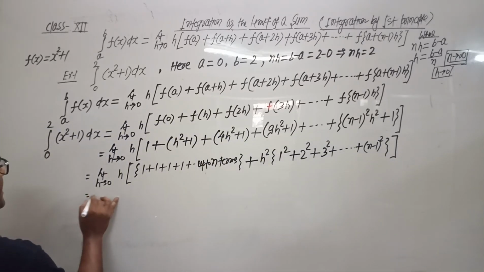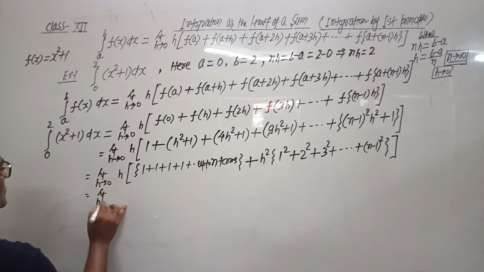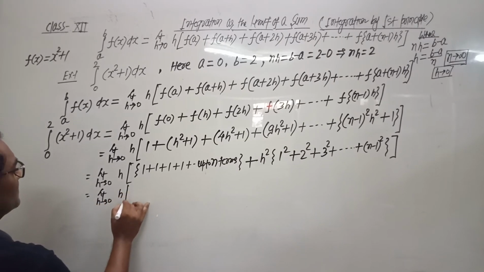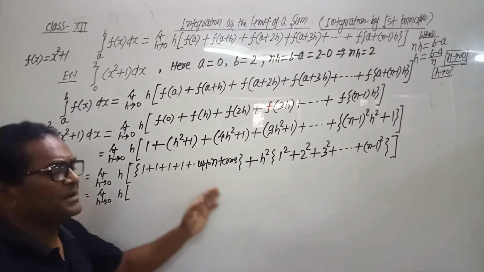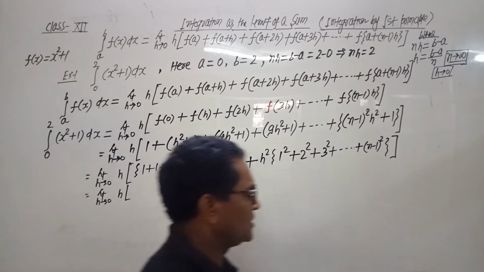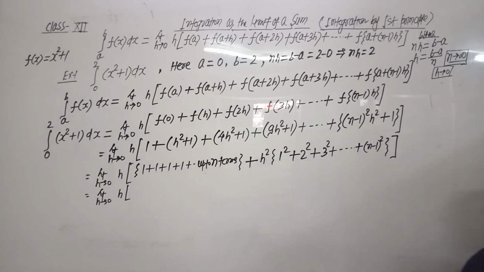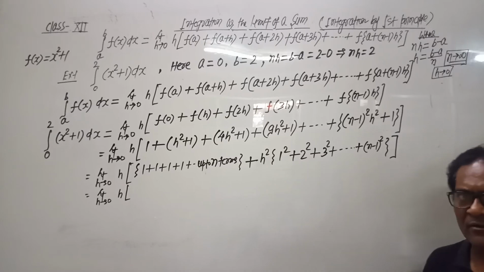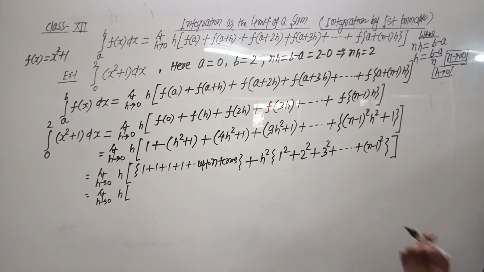So limit h tends to 0, h times 1 plus 1 plus 1 up to n terms. If you write 1 up to 5 times, it becomes 5. If you have 1 plus 1 plus 1, it is 3 times, so it becomes 3.